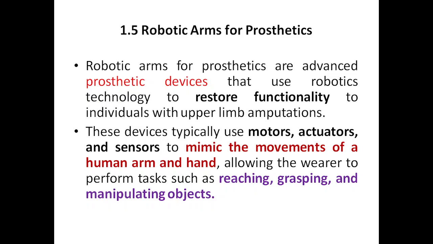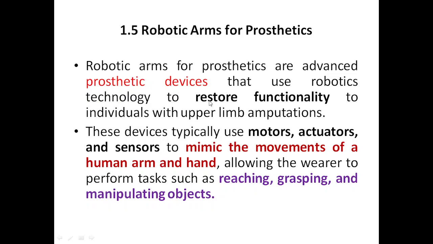That means it should act as a normal arm of a human being, restoring functionality to patients with upper limb amputation, because we are talking about arms. So understood? Robotic arms for prosthetics are advanced prosthetic devices that use robotic technology, obviously, since it is a robotic arm.